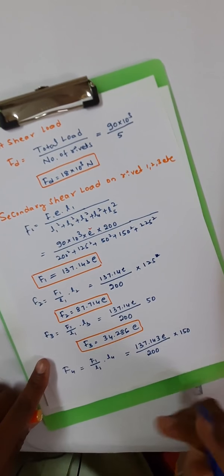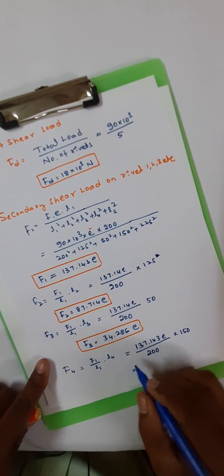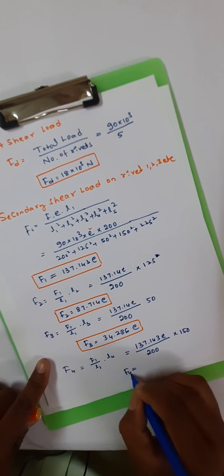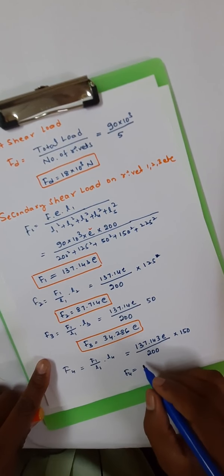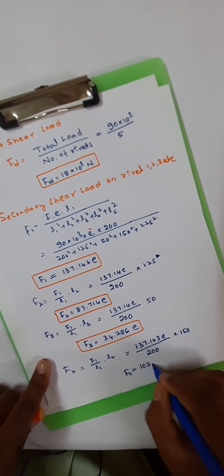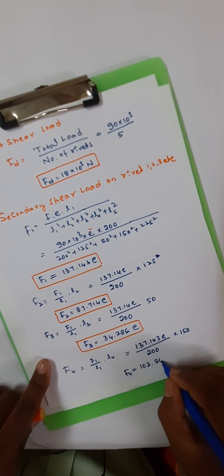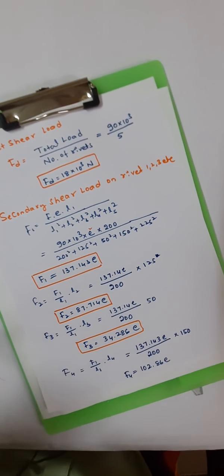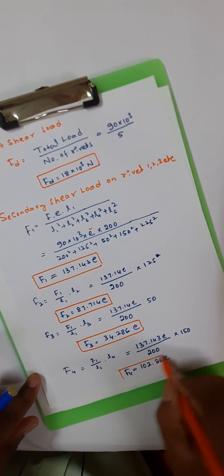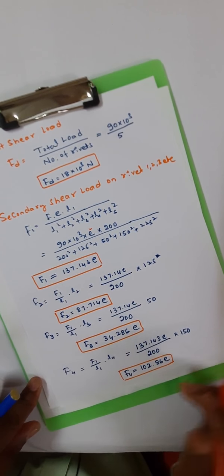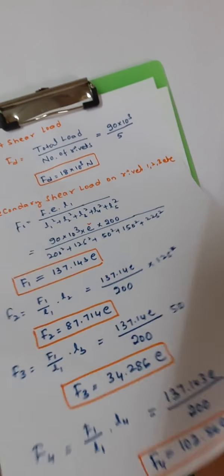If you simplify this, we will get F4 is equal to 102.86 E. This is the value for F4.